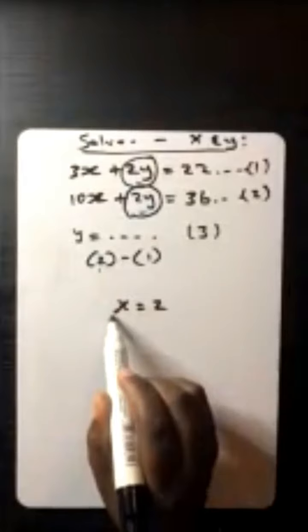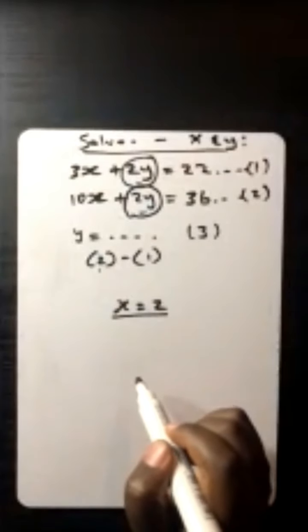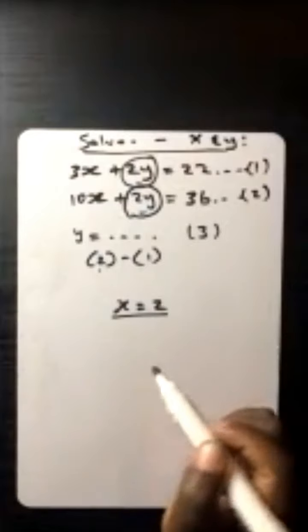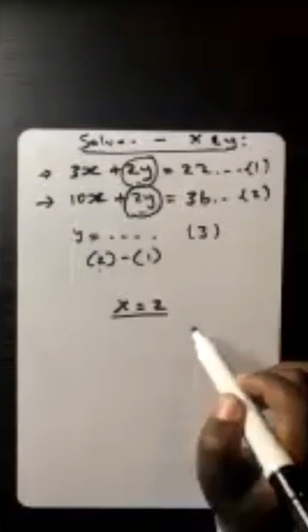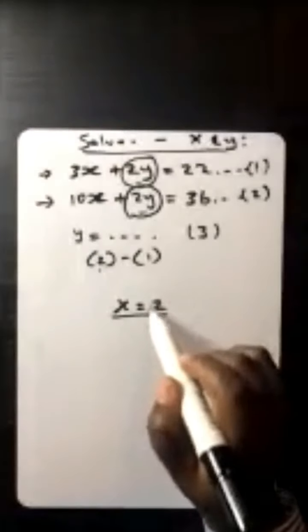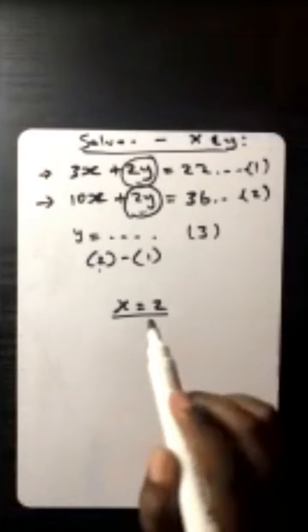So now that our x value is equals to 2, it means we need to find the corresponding y value. So I think from one of these equations, you can choose one where you substitute that and solve for y.